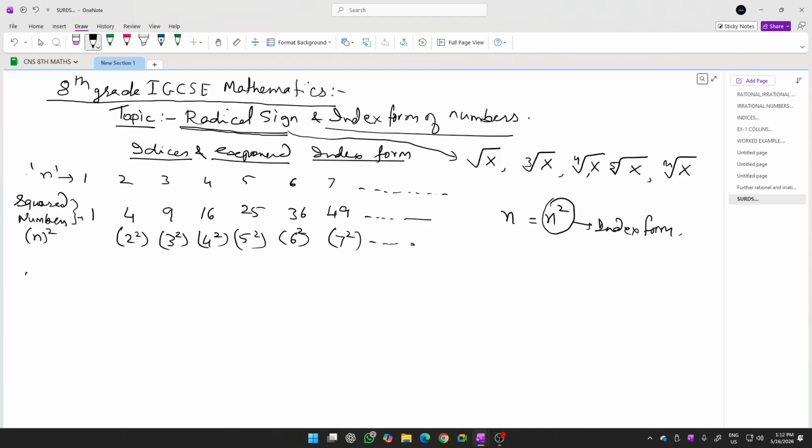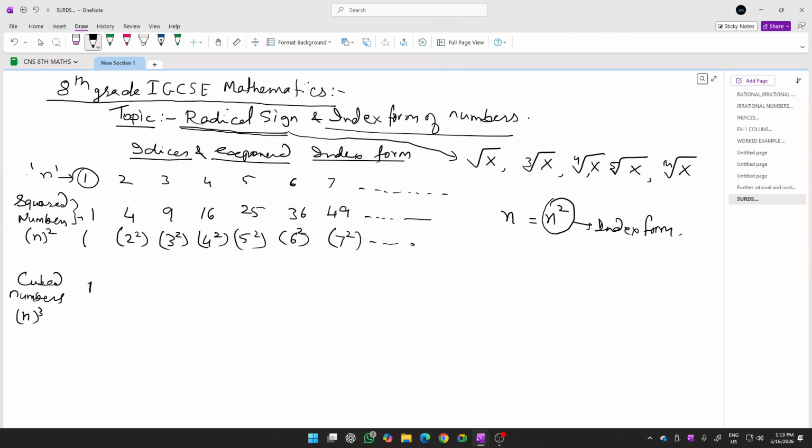In the same way, you have something called cube numbers. In general this can be written as n cubed. So the cube of 1 will be 1 into 1 into 1, that is 1 only.